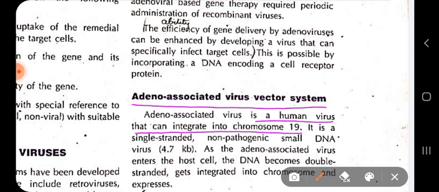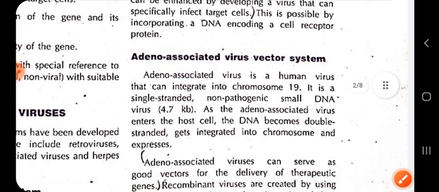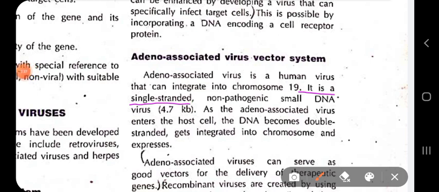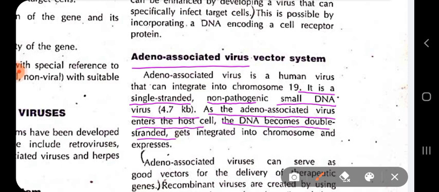It is a single stranded, non pathogenic, small DNA virus of up to 4.7 kilobase pairs. As the adeno associated virus enters the host cell, DNA becomes double stranded, gets integrated into the chromosome and expresses itself. So it can also be used along with your adenovirus vector system.